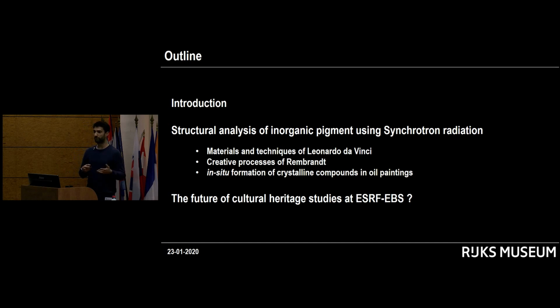To do that, I'm going to showcase a few examples which will have to do with the materials and techniques of Leonardo da Vinci, the creative processes at stake in the work of Rembrandt, and finally I'm going to briefly discuss the in situ formation of crystalline compounds in oil paintings.